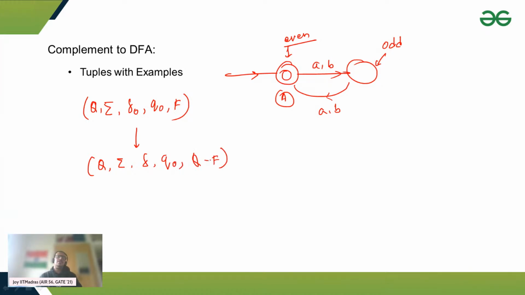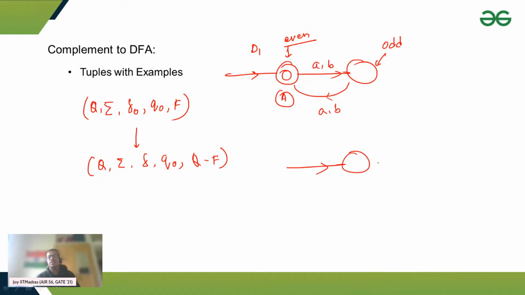Q minus F gives us all the states which were previously non-accepting, where F is all the states which were accepting in the previous case. So if this is one DFA, suppose I write this as D1, then we will have D2 if we take the complement.